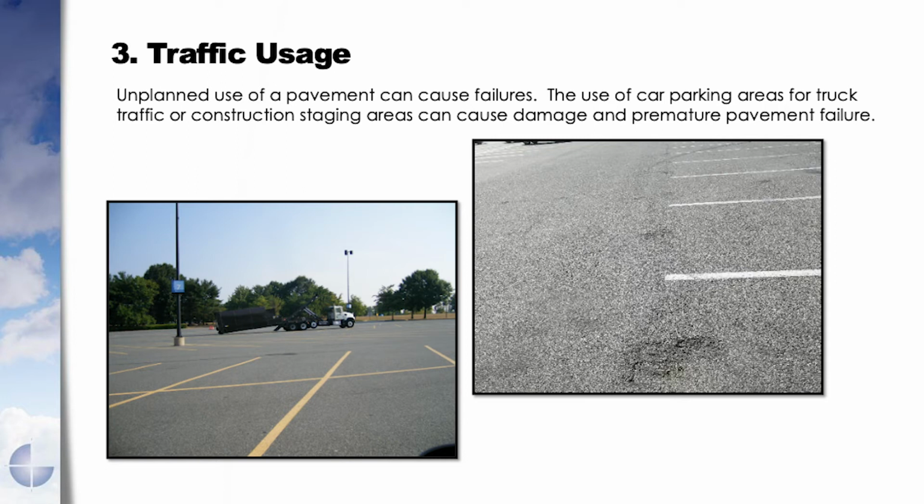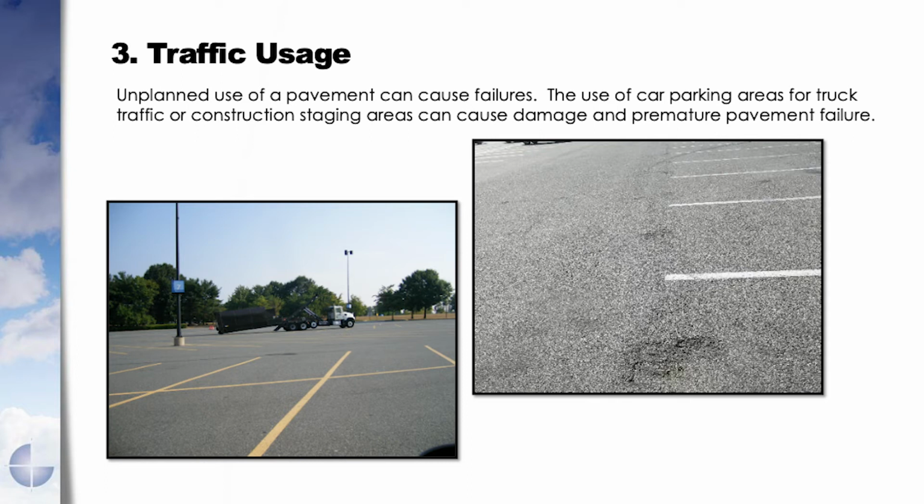The photograph on the right is another project we brought in on. This parking lot was used as a staging area for a construction project at the store. They had shipping containers parked here, and were running forklifts between the shipping containers and the store to shuttle materials. And you can see that the shipping containers have damaged the asphalt here, and the forklifts running on it have caused damage too.